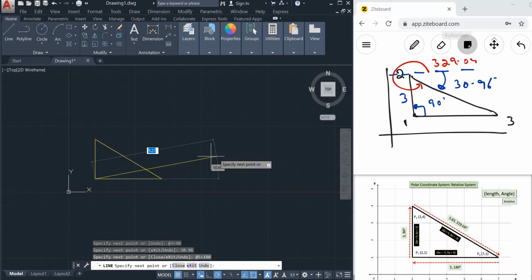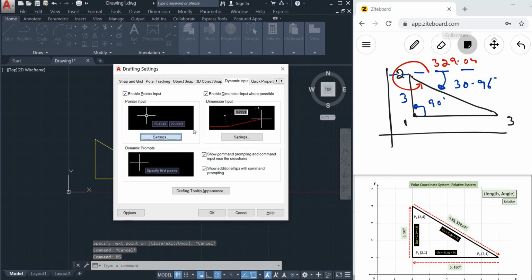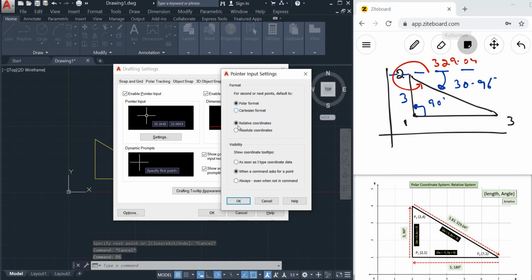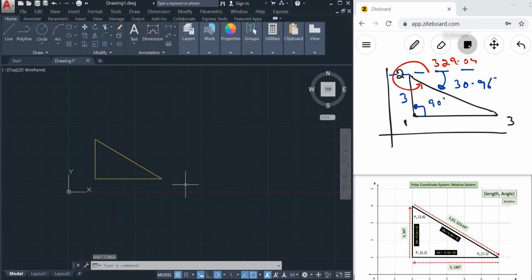Press enter. If in the drafting settings, the settings are not set to relative and polar system, and you want to enter the coordinates in relative polar system, then for the second point, as the system is not set to relative system, I will have to type @ and then specify the length.